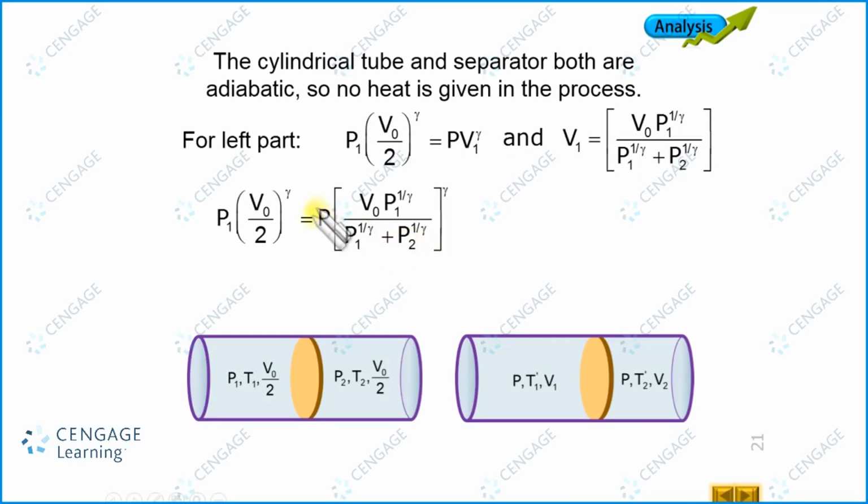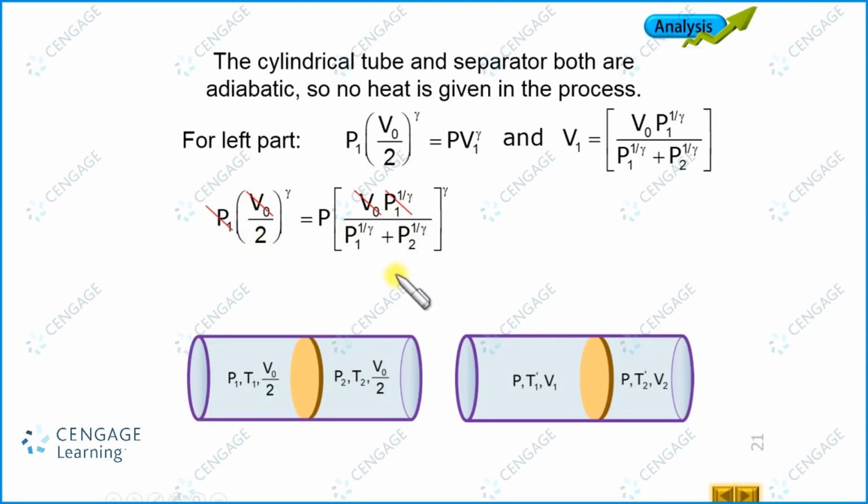We can observe here P is unknown, and V0 to the power gamma on both sides will get cancelled. Similarly, this is P1 to the power 1 by gamma and this is overall to the power gamma, so the term P1 will also get cancelled.